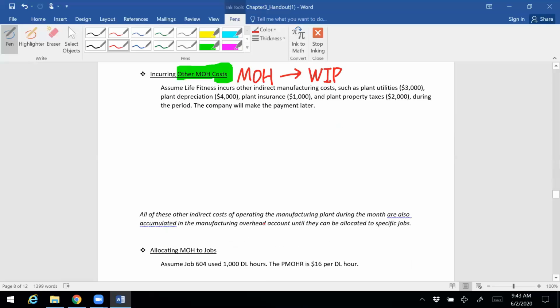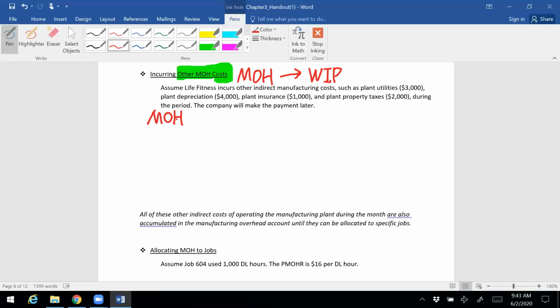Remember, all these other manufacturing overhead costs go to our manufacturing overhead account. It's like a temporary swimming pool that holds all of these amounts. When we allocate, we take a portion of the water from this pool and put it in our specific job.